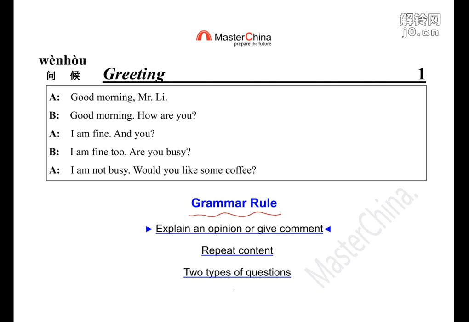If I can explain the grammar rules clearly, you can create endless expressions yourself in any situation, right? This is my aim. So that's why I give you the common dialogue in English rather than in Chinese. I will tell you how to create a Chinese expression yourself.